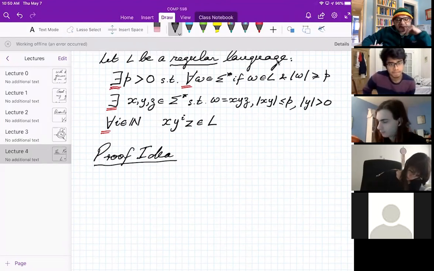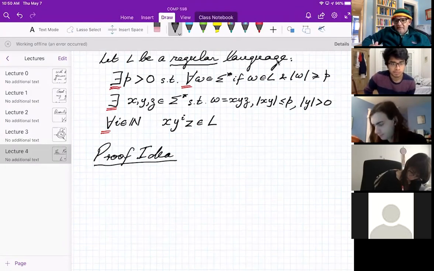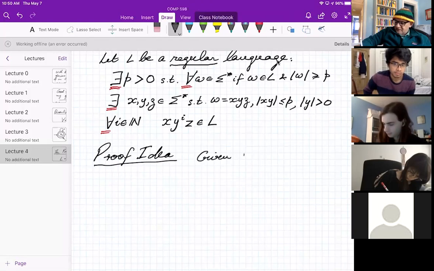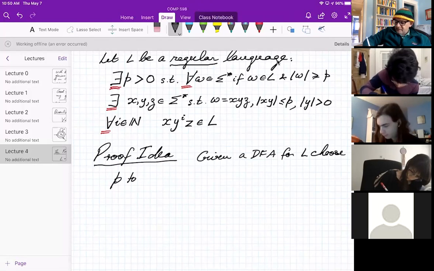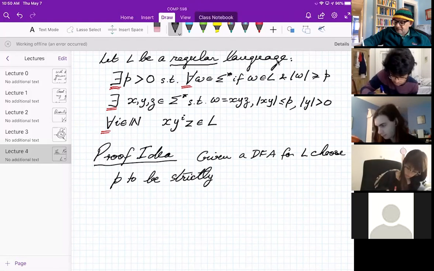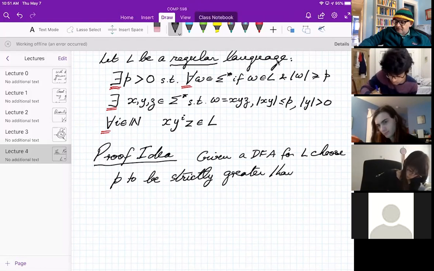Since it's a deterministic finite automaton, we know that if we choose a string large enough, so given a DFA for L, choose P to be strictly greater than the number of states in the automaton.